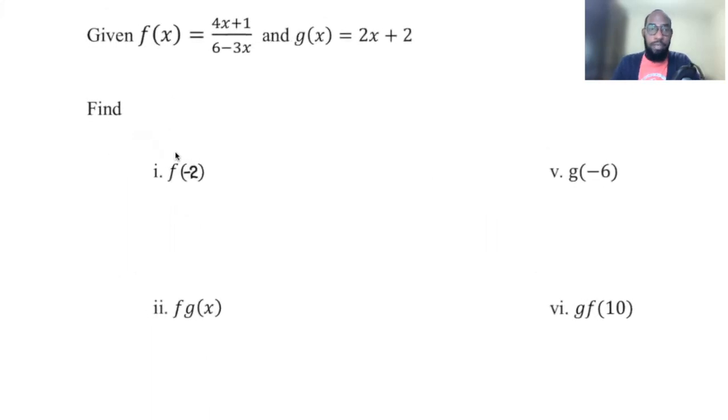So we have f of -2. Because we want to find means you're working out the question to get a specific value. Well, in this case, f of -2. Because we want to find f of -2, we have to use the f function. So we substitute in x equals -2. So wherever you see x, you put in -2.